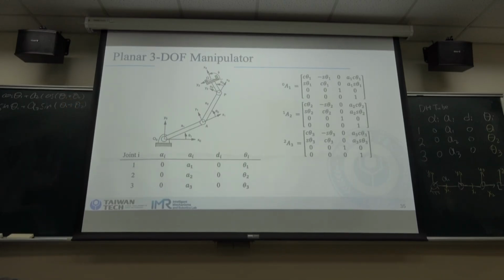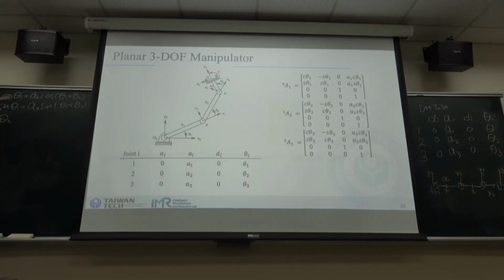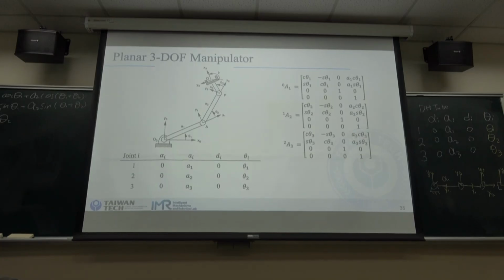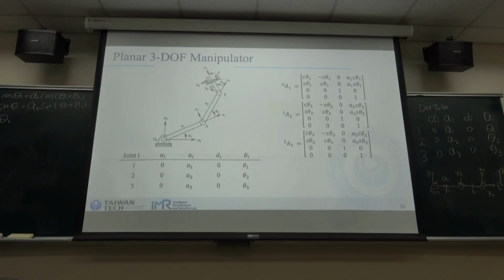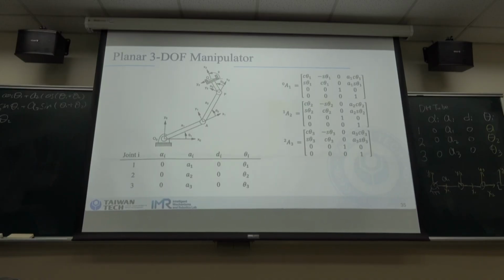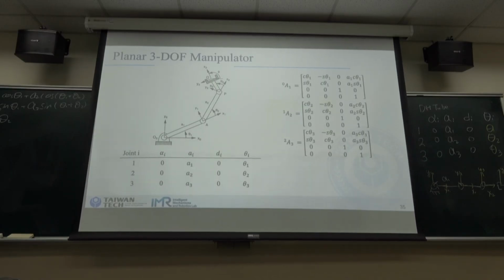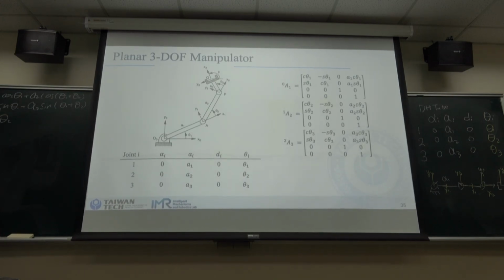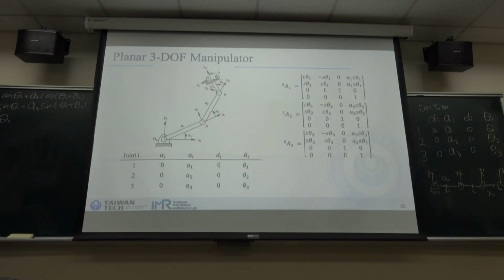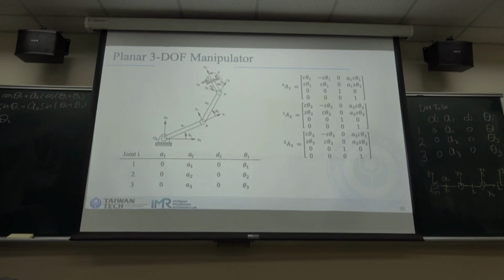And theta is theta 1 plus 2. So we can check whether we have the same. Because we only have 2 links, we can multiply these 2 together: A02 equals A01 times A12.